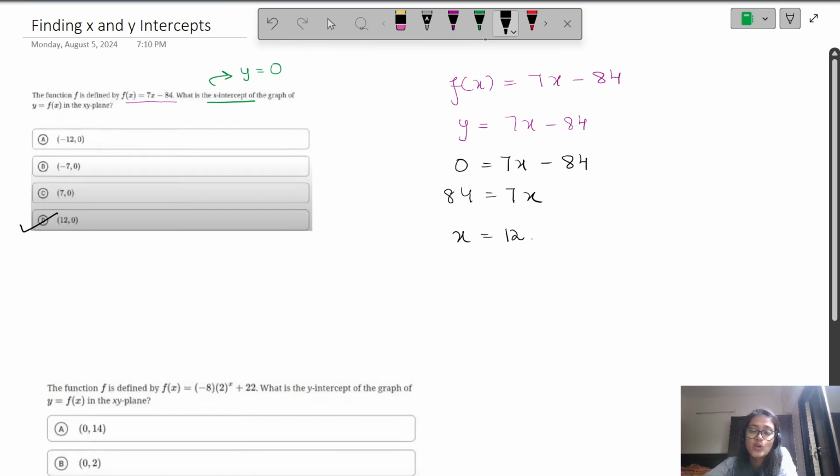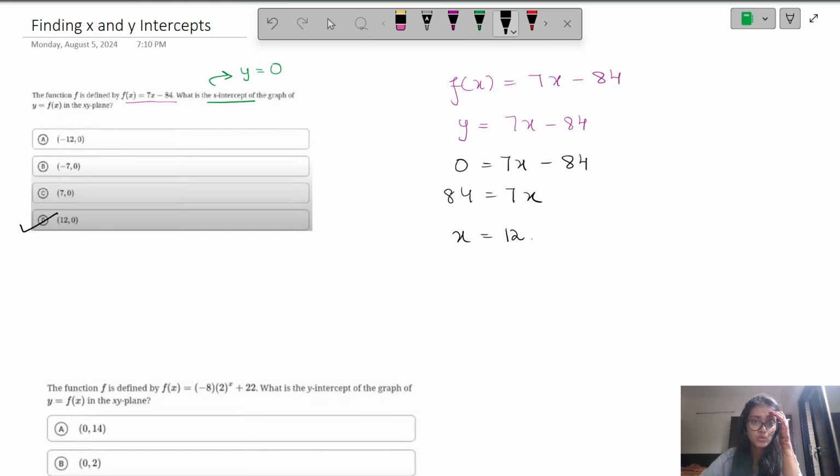Now this took us around 30 seconds or so, and this also has the risk of making some calculation error. So if a question can be done on DESMOS, we will prefer DESMOS.